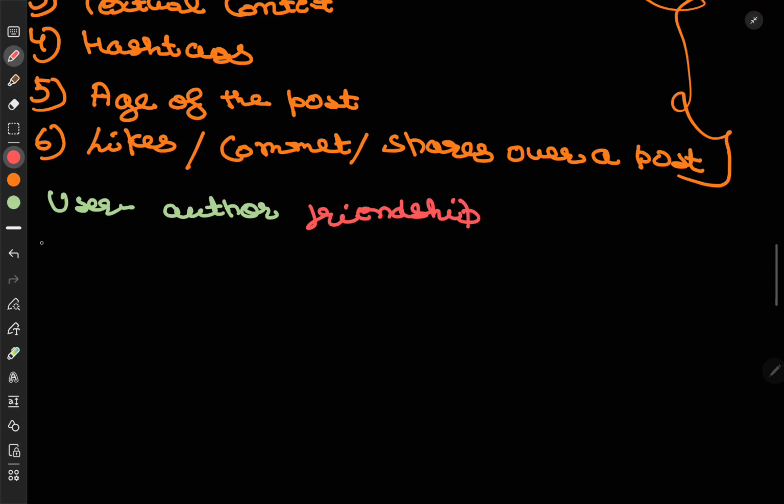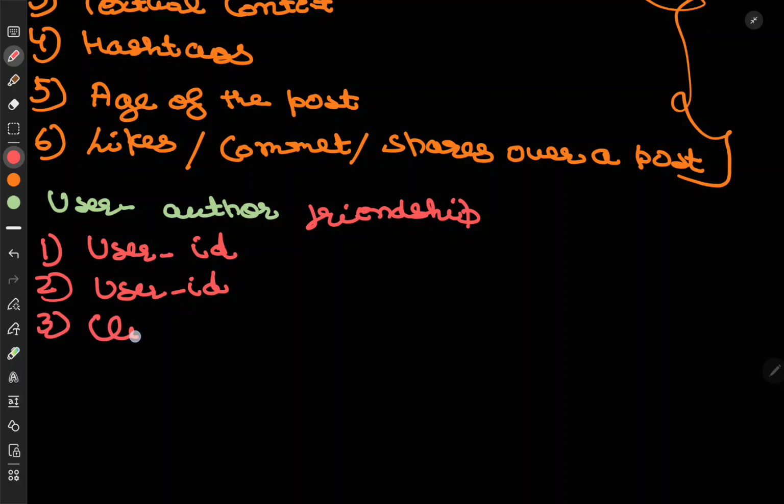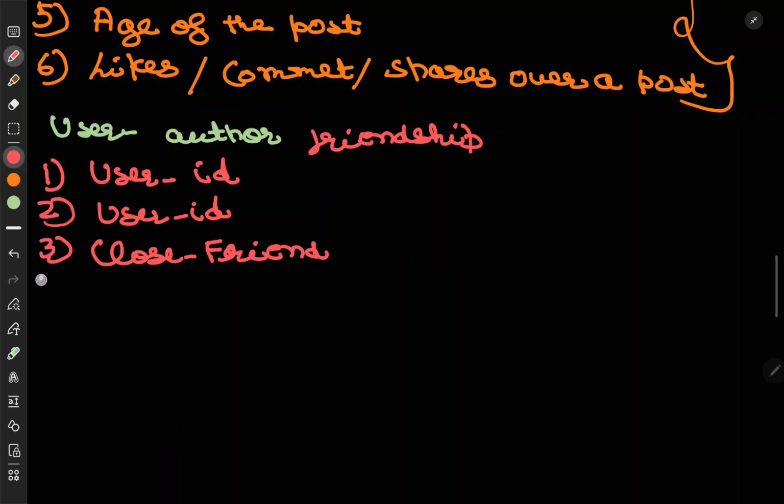In this we can have a particular user ID who is a close friend to A, so there could be two user IDs here. Either they are close friends or not. If yes, then it's good. And what time did their friendship start? So, the time when the friendship started.